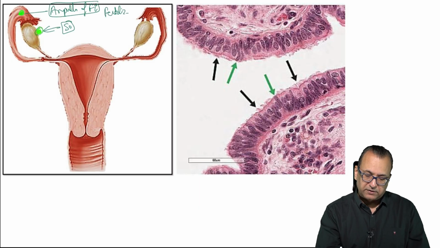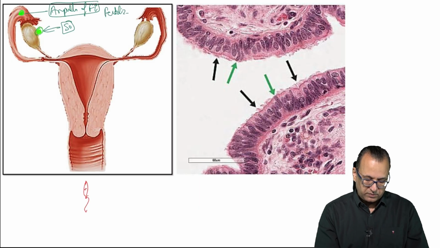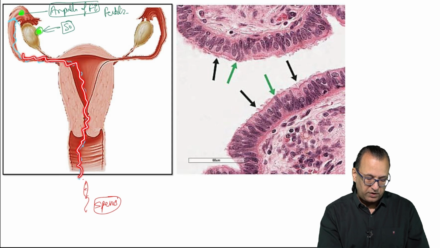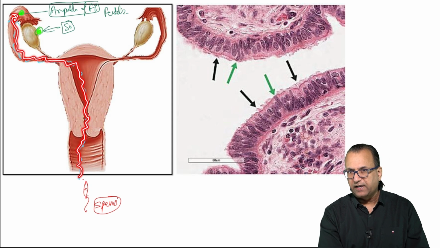You have to tell that the sperms, they are coming, and the sperms, they have to enter from the vagina into cervix, into the uterus, into the fallopian tube, and they have to reach the ampulla of fallopian tube. So as the sperms are ejaculated, they will be entering the vagina, the cervix, the uterus, fallopian tube and ampulla, and they will be fertilizing the oocyte, secondary oocyte.